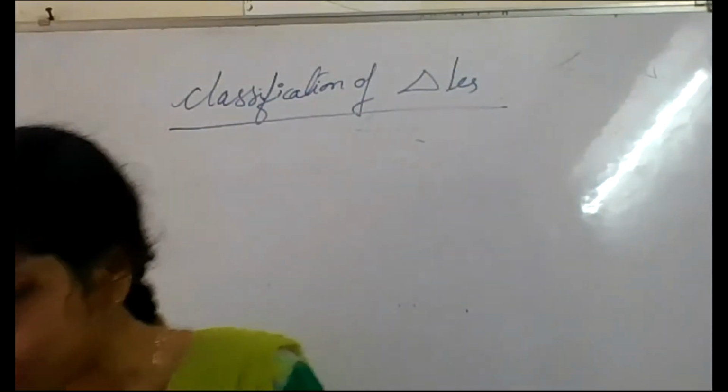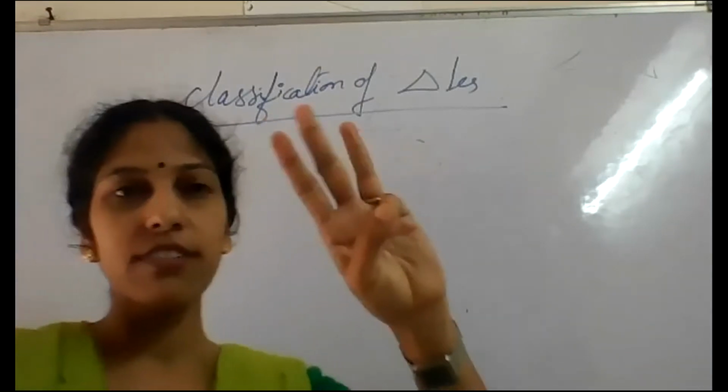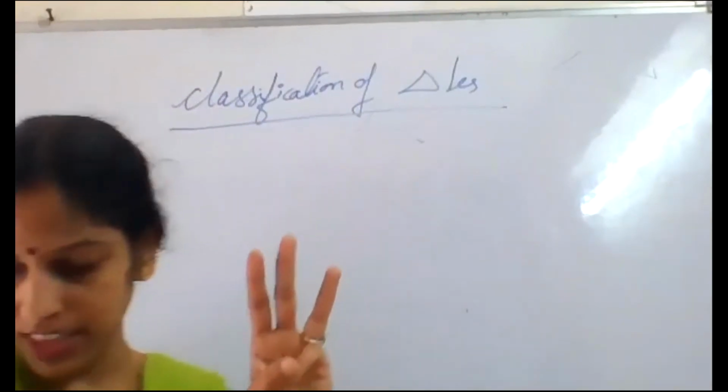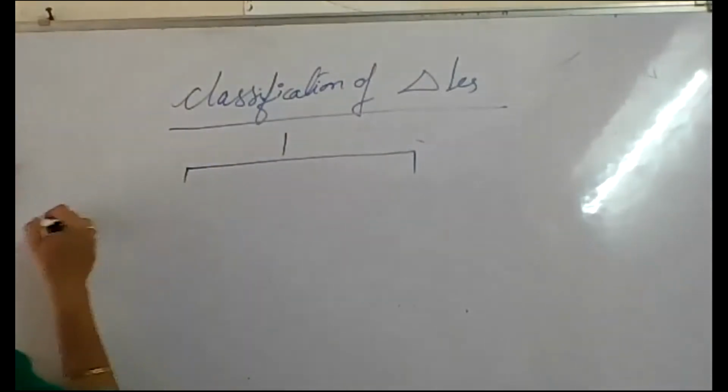So first of all, we have 3 types of triangles. Can you name them? Already you have come across them. Ma'am, isosceles triangle. Ma'am, equilateral.